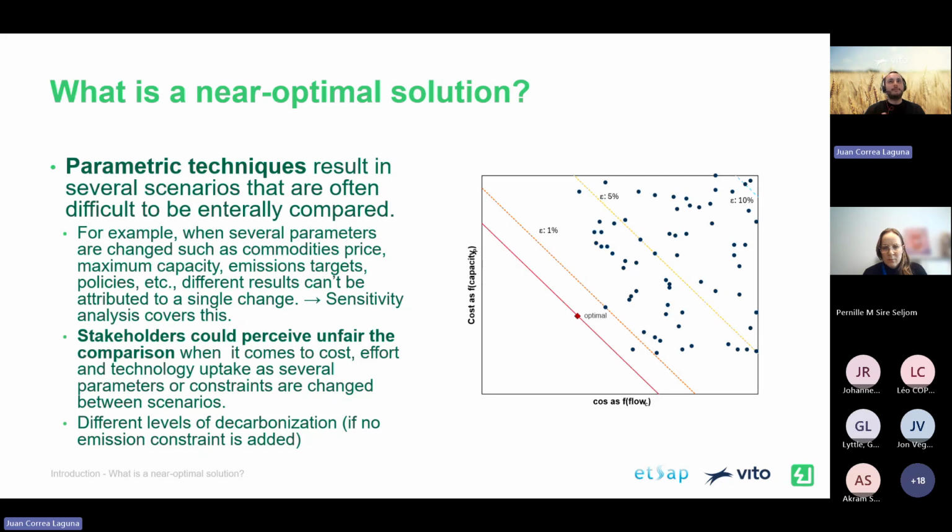So it's always less than 1% the deviation. Substantially different results, like different capacities, but it's very close to that optimal cost or budget. So the model will find a way to really stay around that optimal. So now we need to force the model to go farther and to explore other options.